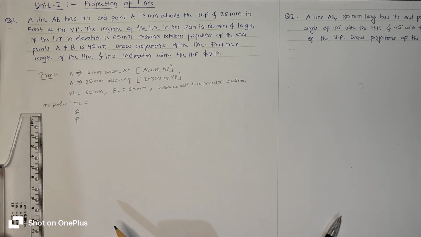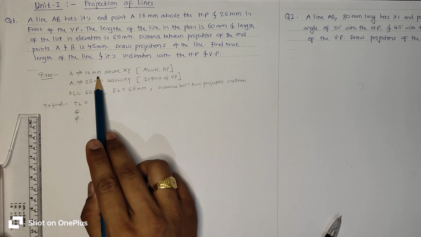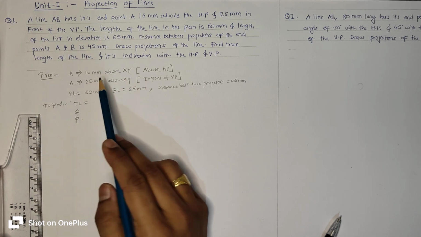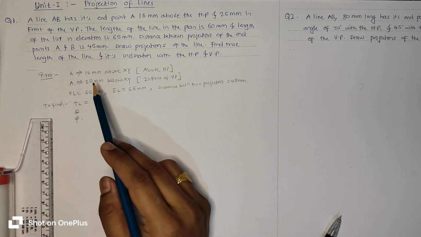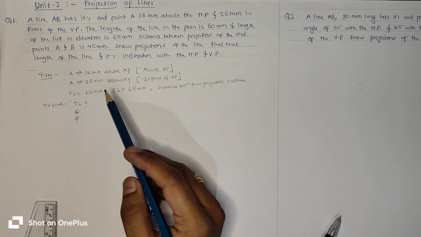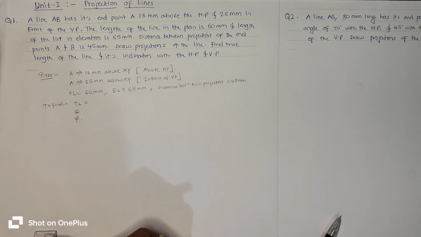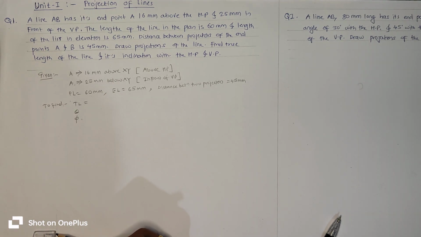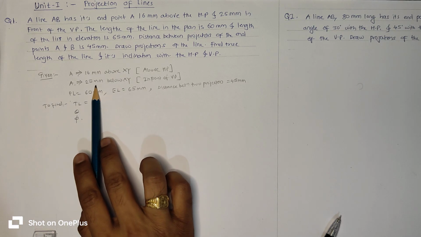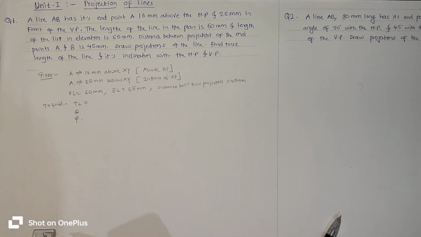Then on this line, take a point above the XY line by 16 mm, that is 1.6 centimeter, and take 25 mm below the XY line. So these are the 2 points.